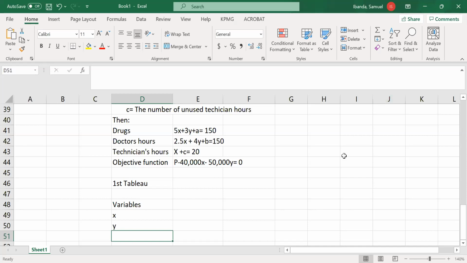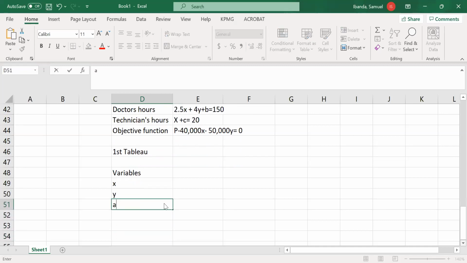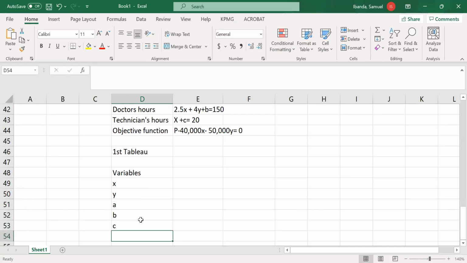So we have from these equations, in addition to this, our A, B, and C. Okay, that is basically what we do have.